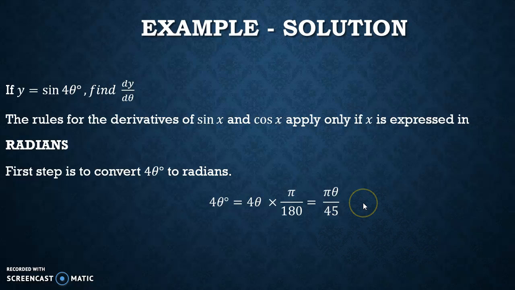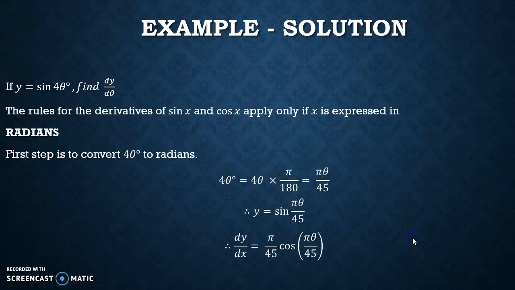So that is radians. So put that back into our original equation. We've got y equals sine(4 theta over 45 degrees). And now it's just apply your derivative laws as normal. So, again, you could use the chain rule here.